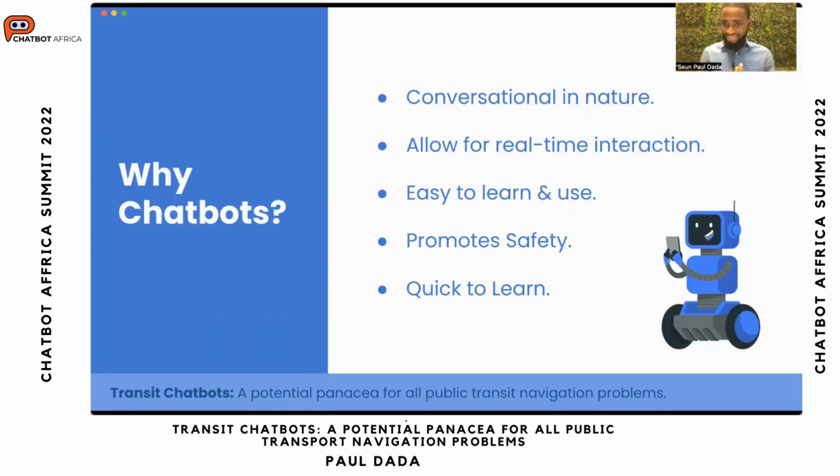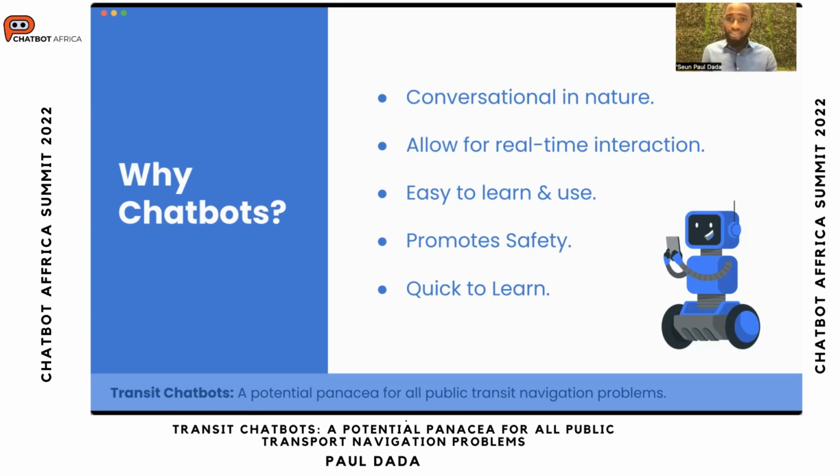Now, why chatbot? The buzzword, why chatbot? Number one, they're conversational in nature. What does this mean? It means that you can interact with them. They can hold a conversation. This has different layers of complexity, but at the business level, the chatbot must be able to hold a first-degree conversation, pretty much question and answer.